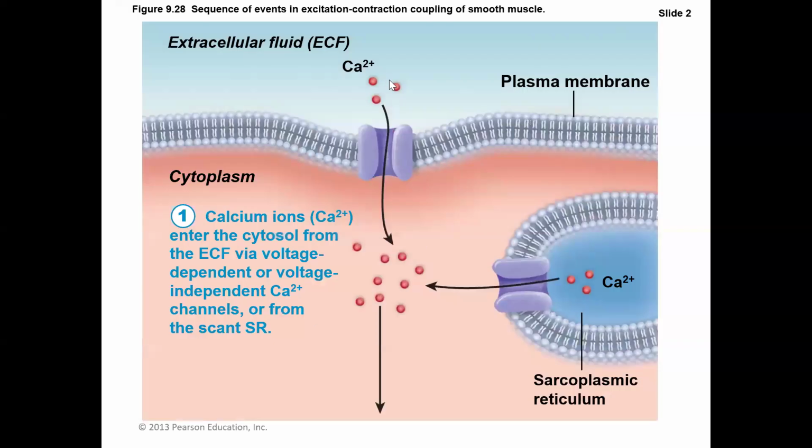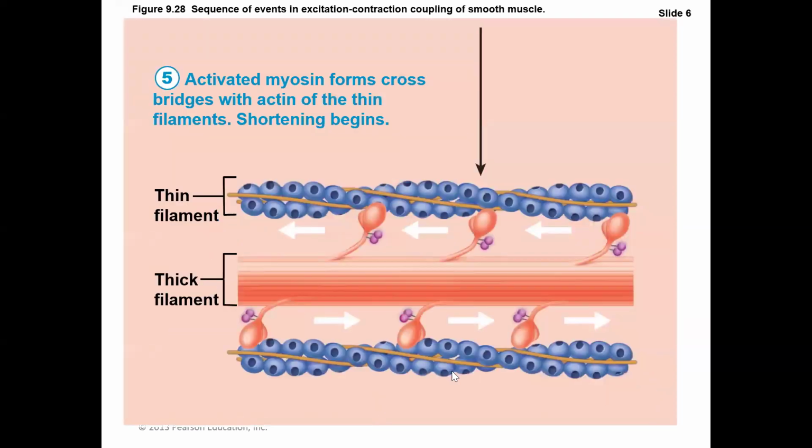So calcium comes from outside as well as from the sarcoplasmic reticulum for a smooth muscle. The other difference here is how the calcium is being used in the smooth muscle. In this drawing, you're looking at myosin, and above the myosin heads in blue is actin.